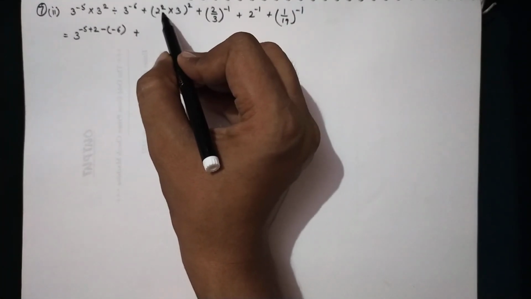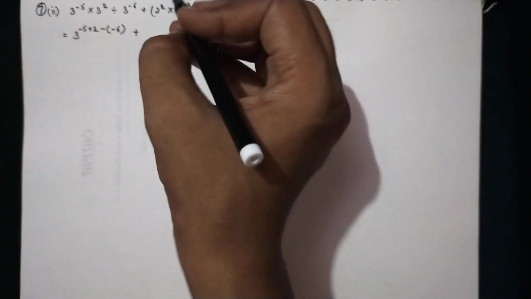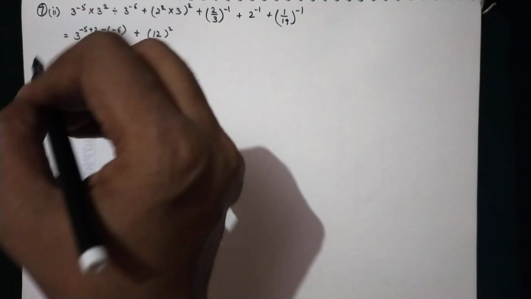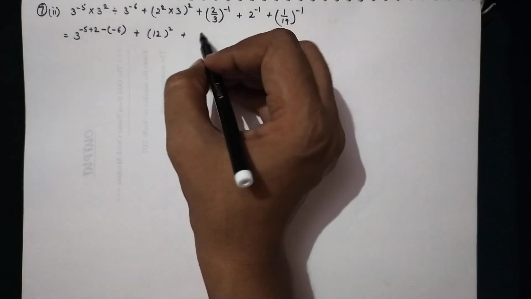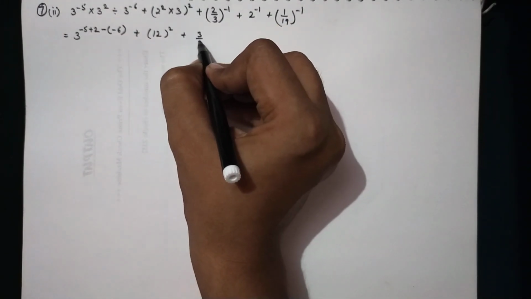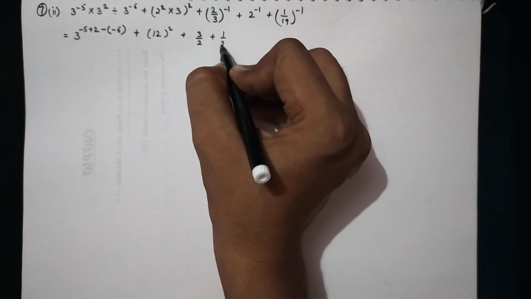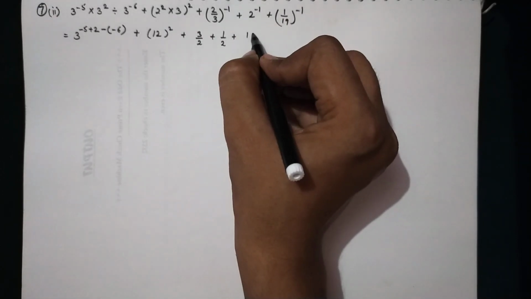2 to the power 2, that is 4, and 4 into 3, that is 6, sorry, 12 to the power 2, plus we can make a reciprocal of this number because of the minus sign, so this will be 3 upon 2, plus this will be 1 upon 2, plus the reciprocal of this, that is 19.